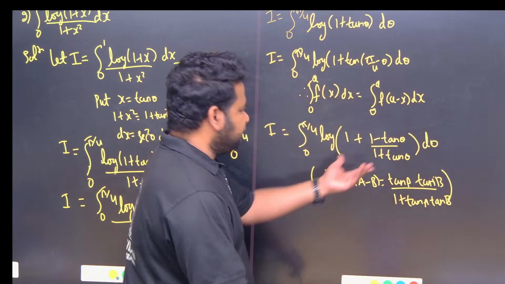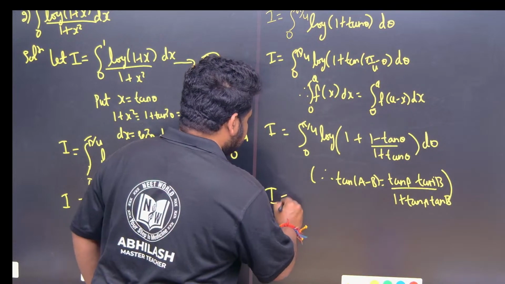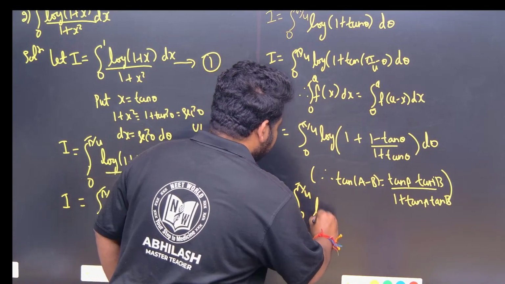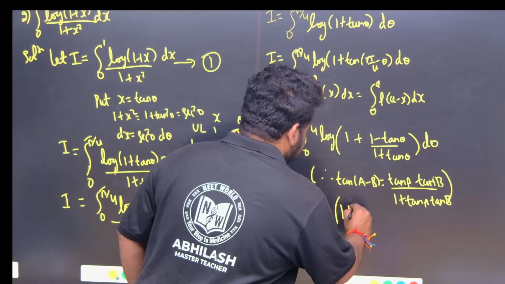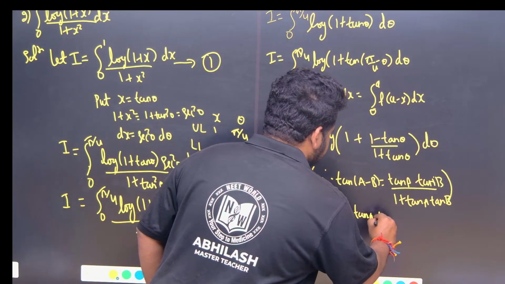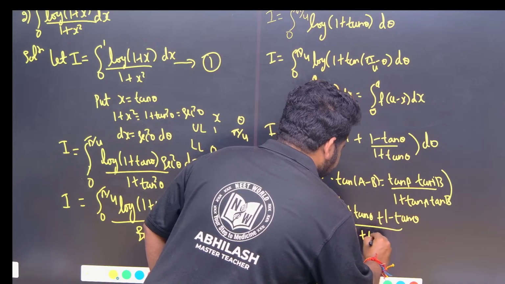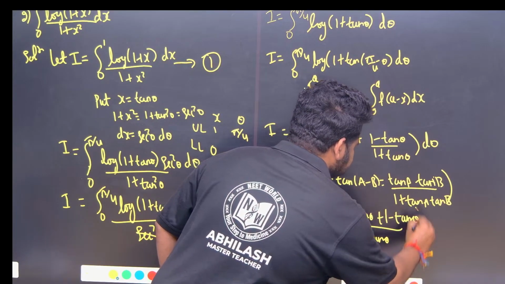Now see here, if I take the LCM, what will this become? I is equal to 0 to pi by 4 log of 1 plus tan theta plus 1 minus tan theta by 1 plus tan theta, d theta.